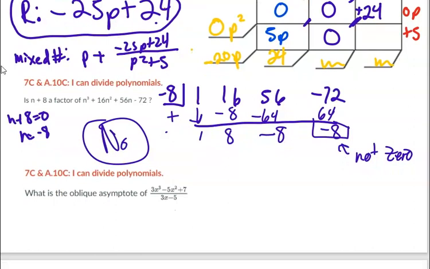I can divide polynomials. What is the oblique asymptote of 3x cubed minus 5x squared plus 7 all over 3x minus 5? To find the oblique asymptote, you need to divide it. If you get a remainder that's not 0, the oblique asymptote would be the quotient.